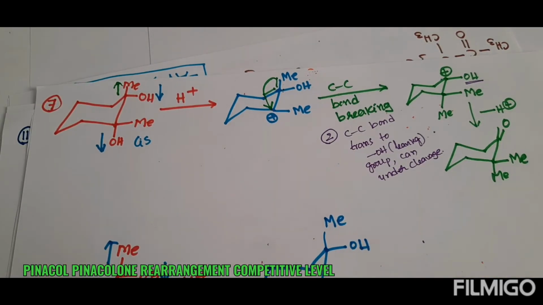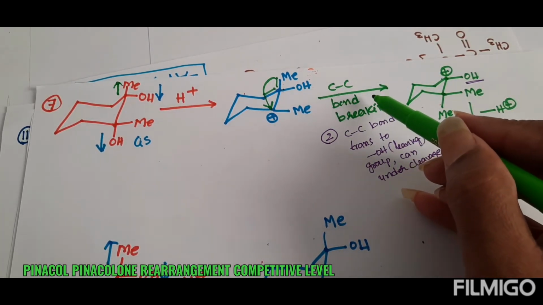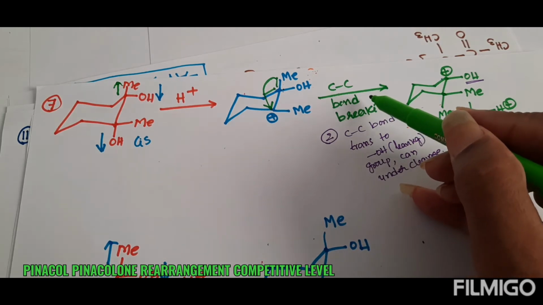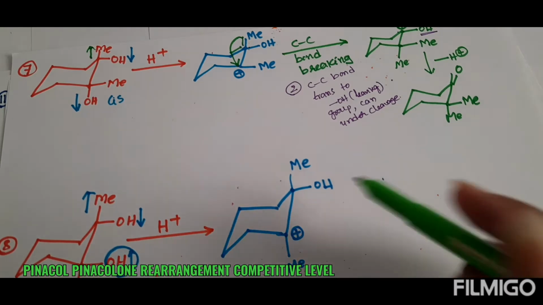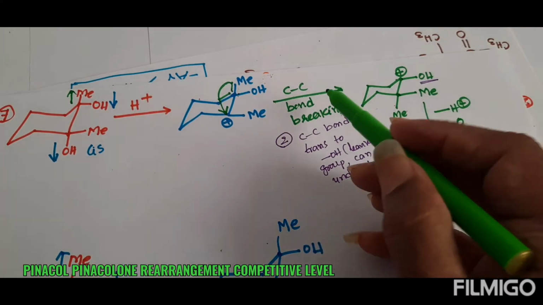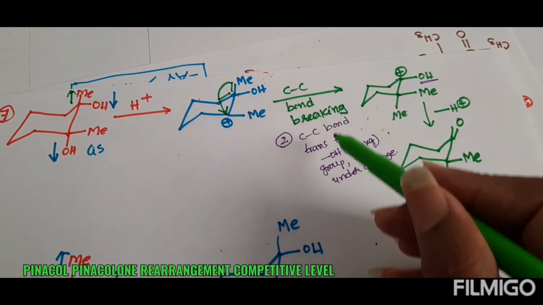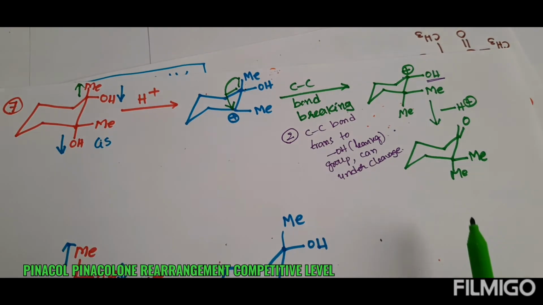As per the rule, what is the rule? For rule number 1, C-C bond breaking takes place whenever the positive charge is developed on the ring. Here carbocation is developed on the ring, and that's why C-C bond breaking takes place. And the second one is that the C-C bond trans to the OH group can undergo cleavage.